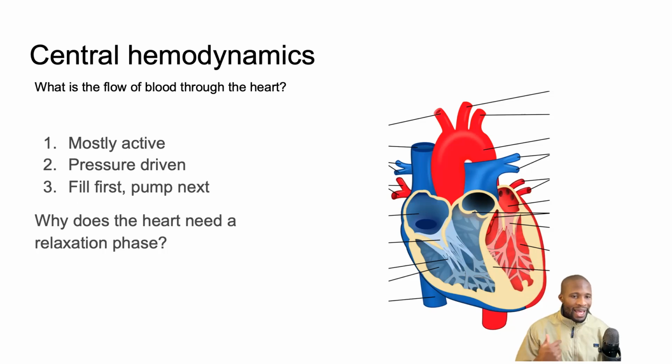And when we look at our rules, we can start going into more detail here. And we say the first rule, right, was that it's a mostly active process and it's pressure driven. And we have this principle of fill first, pump next. So to explain this more, a lot of what's going on with the heart, how the blood is moving through the heart, it's requiring some energy. And that energy is coming from the heart actually contracting. So we said the heart contracts, right?